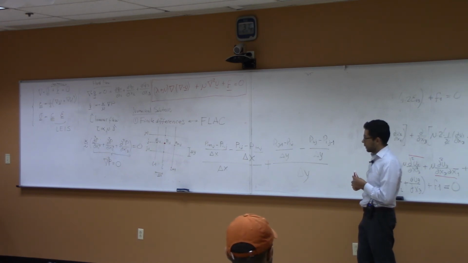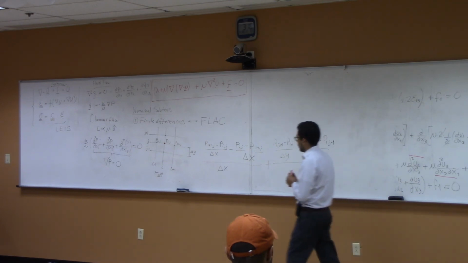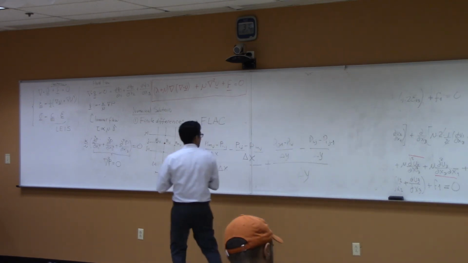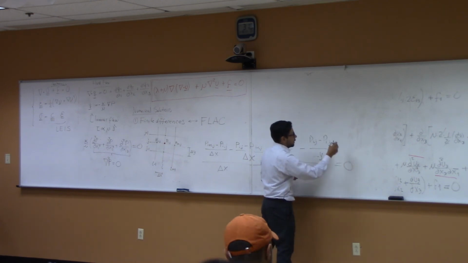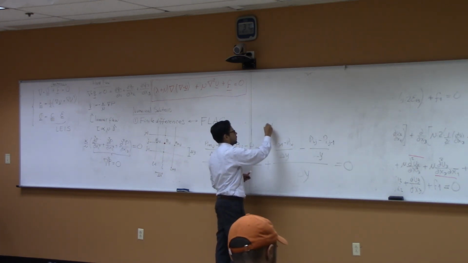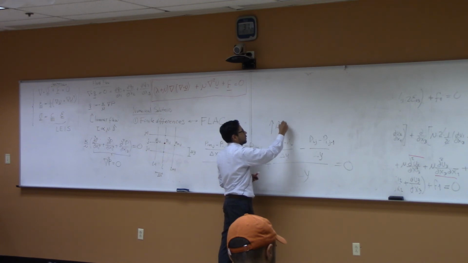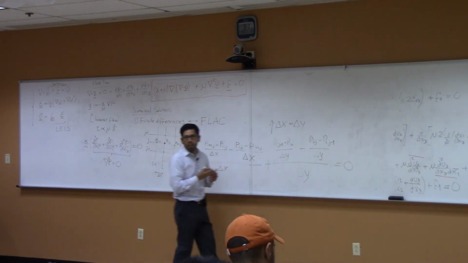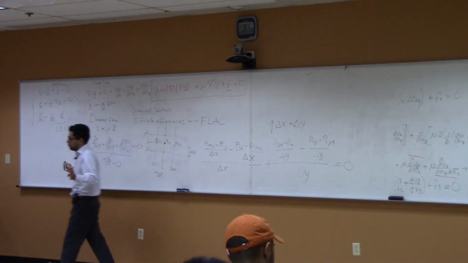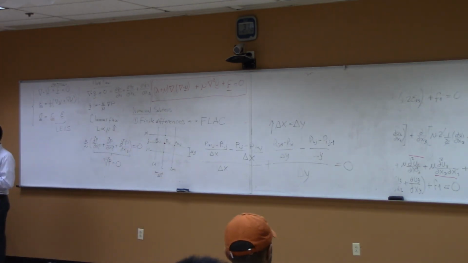And those are going to be delta x and delta y squared later. And what about if I assume that delta x is equal then to delta y? So that's going to be in a square grid. I don't have to assume that, but it could be. It could be that I have that.